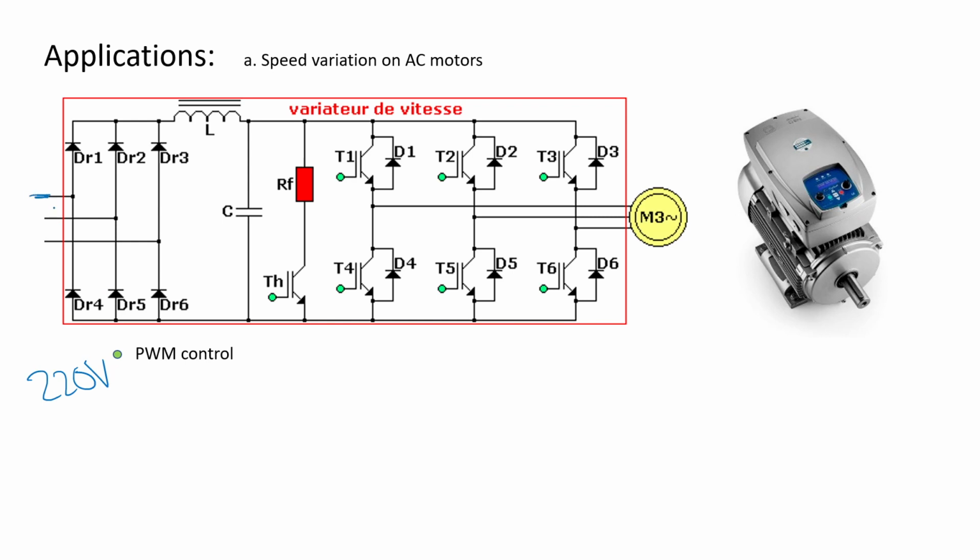This line 220, this line 220, this one also 220. When it passes through the diode, this part is the rectifier, right?